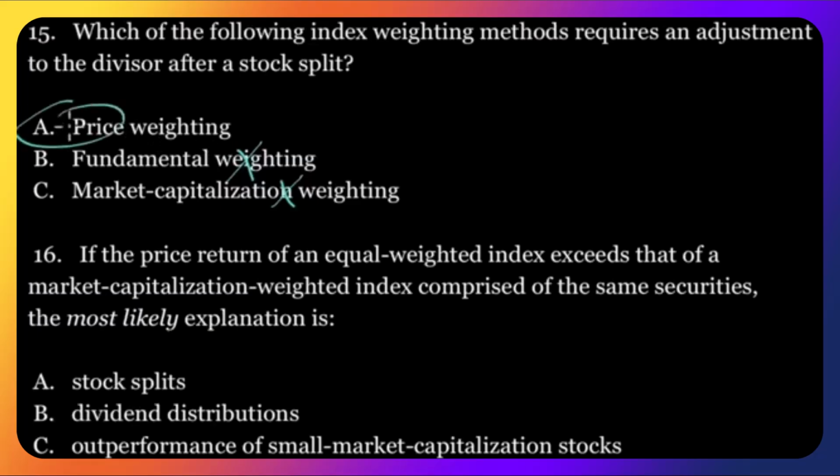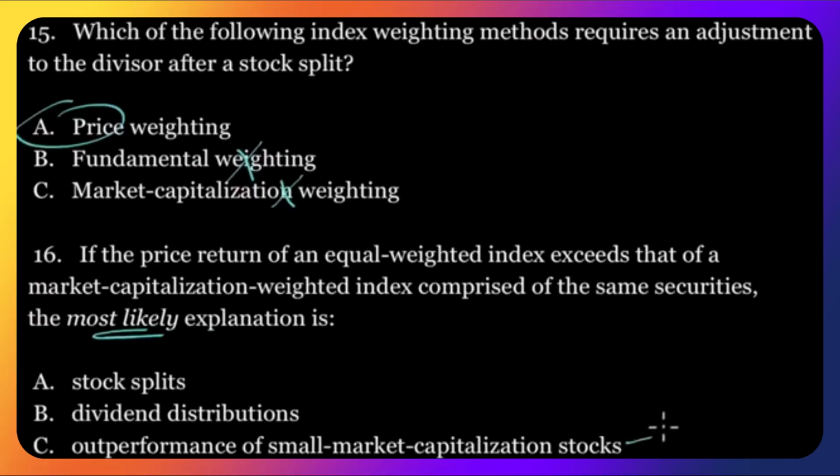So, A. If the price return of an equal weighted index exceeds that of a market cap weighted index comprised of the same securities, the most likely explanation is, so here we're saying the price return of an equal weighted index was greater than the market cap weighted. Stock splits, dividend distributions, or outperformance of small market cap stocks.